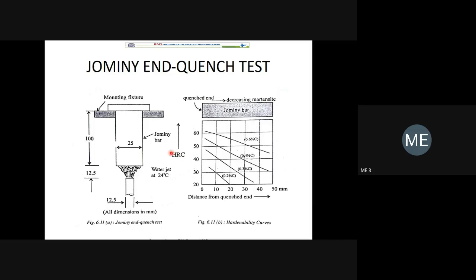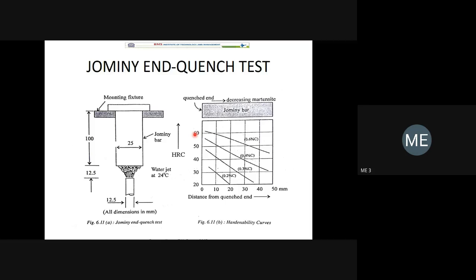HRC means hardness number. That is the Rockwell testing, because you use it whenever you are referring to the hardness number. So you have to mention whether you used the Vickers hardness testing machine, or Brinell hardness testing machine, or Rockwell hardness testing machine, because the dimension is totally different, the procedure is different, and the loading applied is different in all three cases.